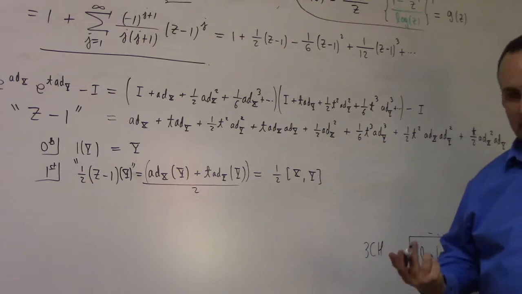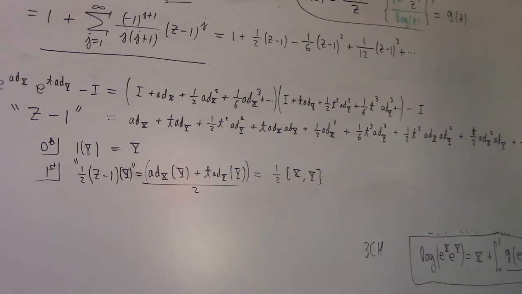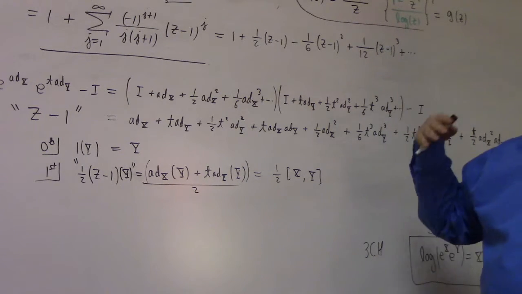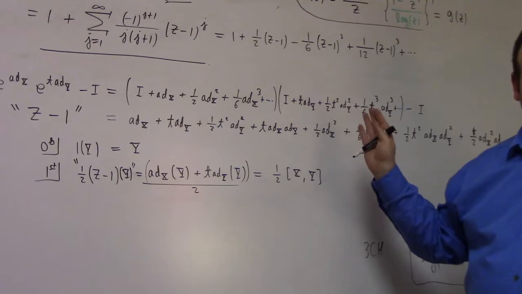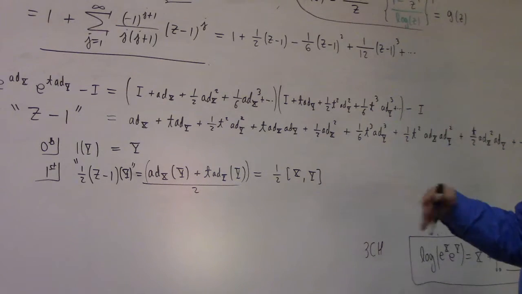Wait, why is there nothing else, if z minus 1 is all of that? Because we're only looking to first order in commutators. I'm collecting all of the things in here that involve just one commutator. There's this stacking of orders of nested commutators, right?